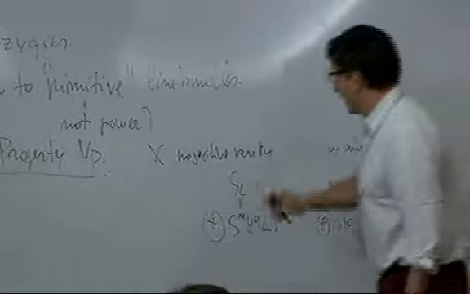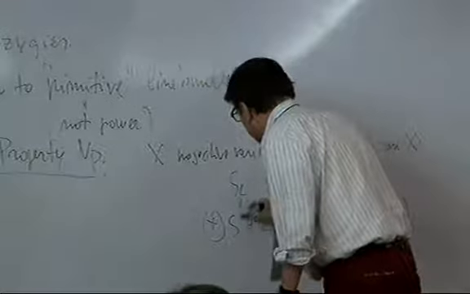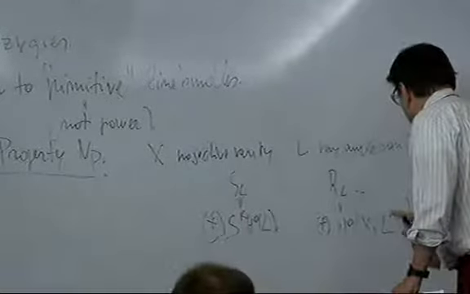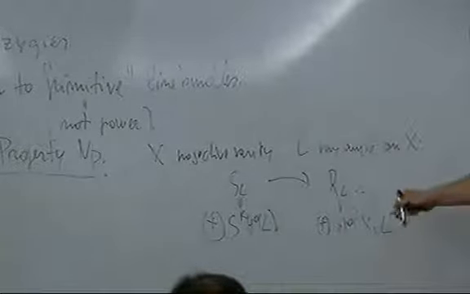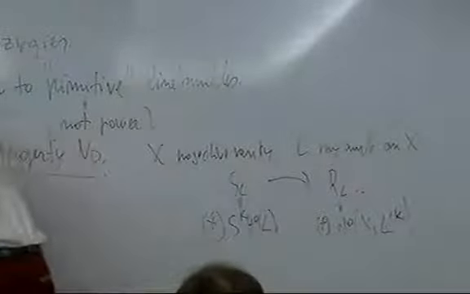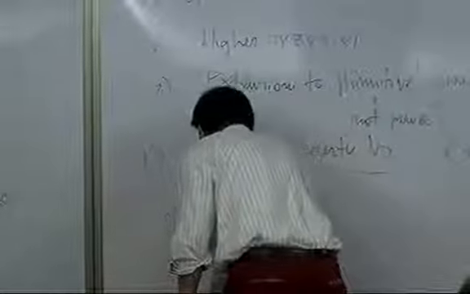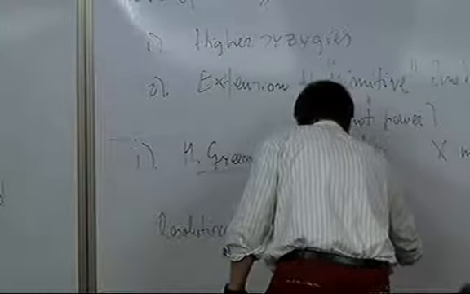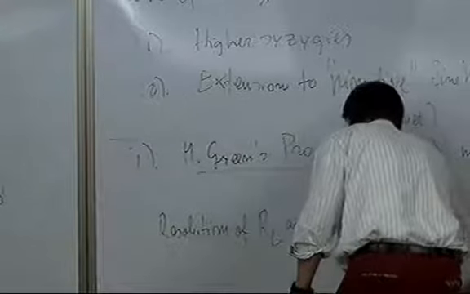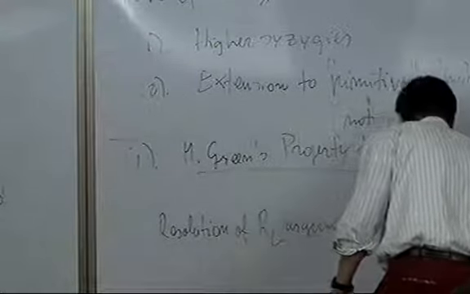Maybe this is not the same n as before, so let me call it k. So this R is a graded module over the polynomial ring, so there is the resolution of R as a graded module over the polynomial ring.